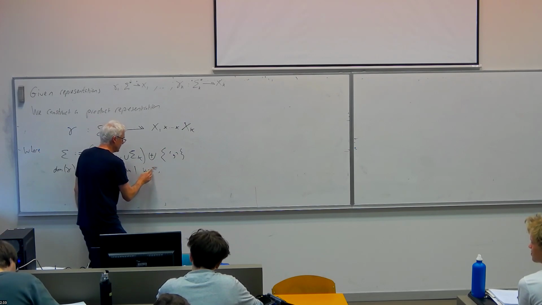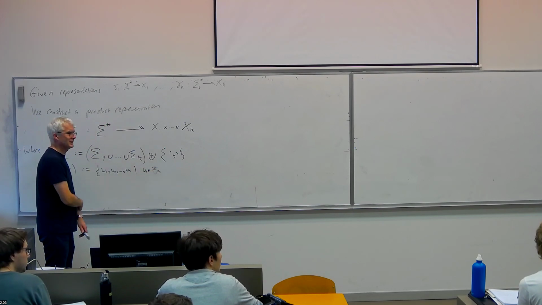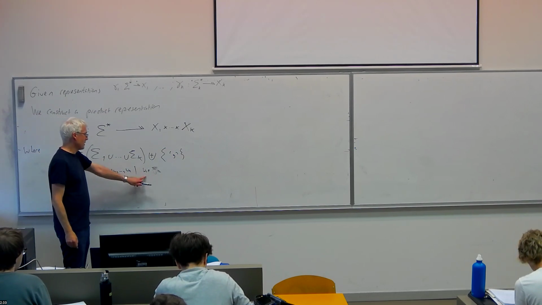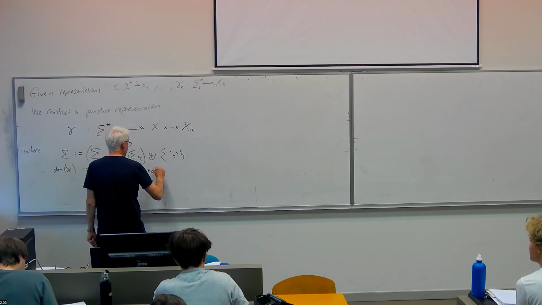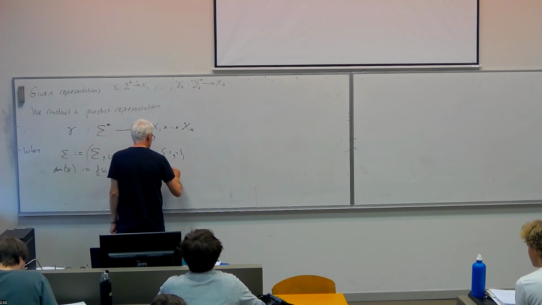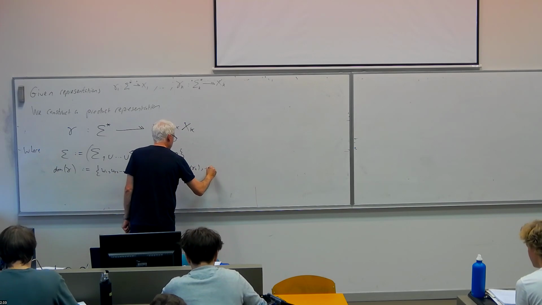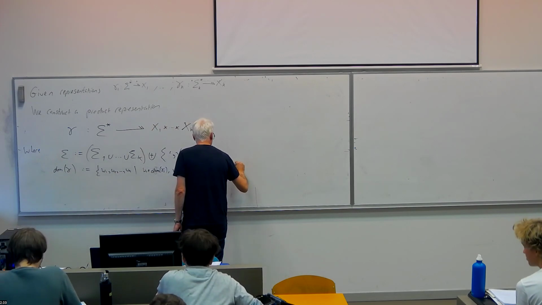What should it be? Fine. W1 needs to be in the domain of gamma 1. W2 in the domain of gamma 2. And so on, WK in the domain of gamma K.